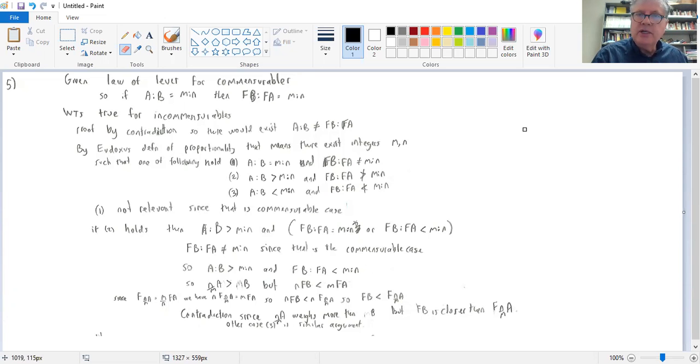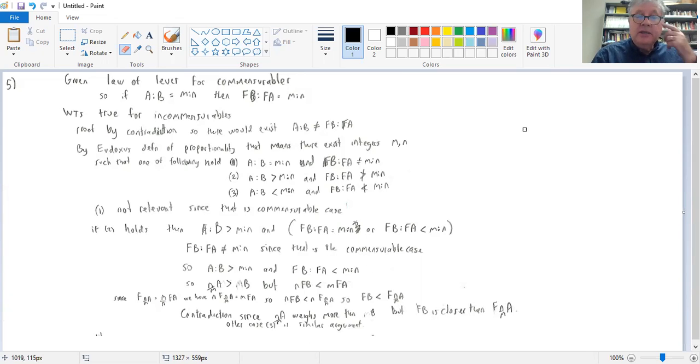Okay, so we want to show that it's true for incommensurables. So we're going to do a proof by contradiction. We are saying that there exist A and B such that A is to B is not as FB is to FA. So remember, A and B are weights, FB and FA are distances.